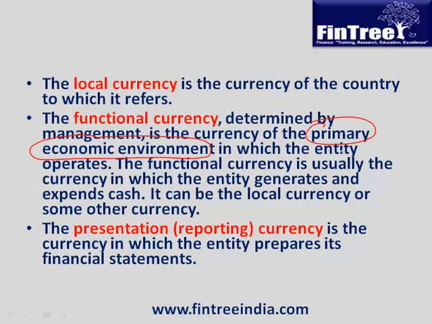The functional currency is usually the currency in which the entity generates and expends cash. It can be the local currency or it can be some other currency. In our example, in the case of the Nepalese subsidiary, the functional currency was Indian rupee. And the presentation currency is the currency in which the entity, that means the parent company, prepares its financial statements.